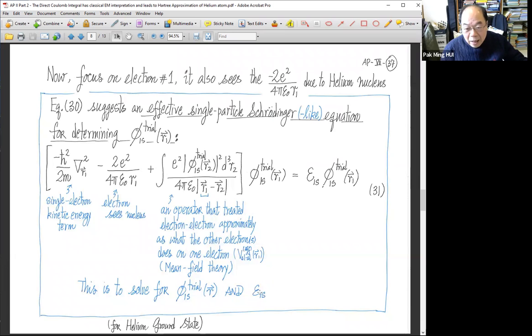So now I hope to pause here, because if you get through this box, equation 31, then the rest is easy. You understand?